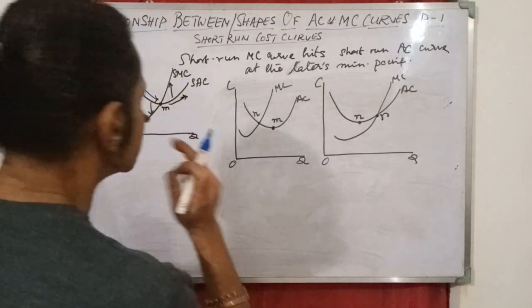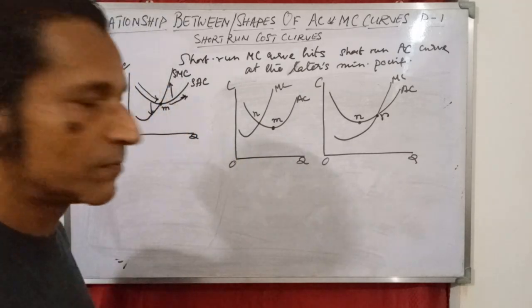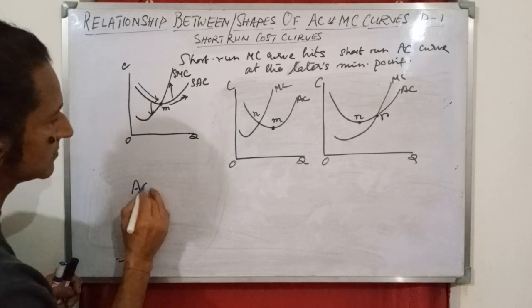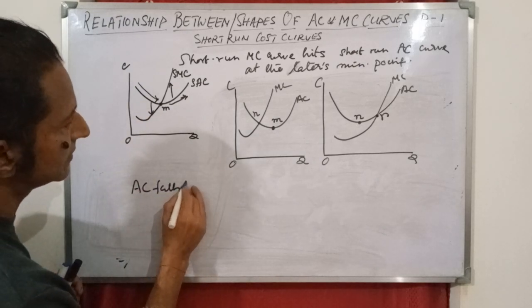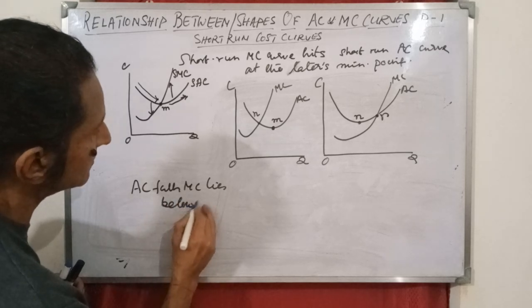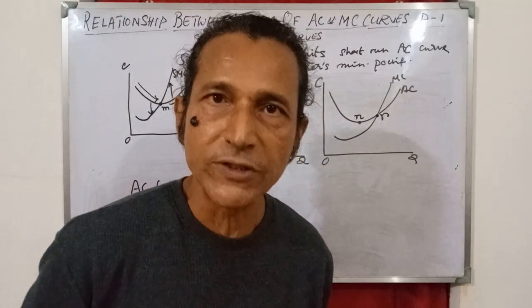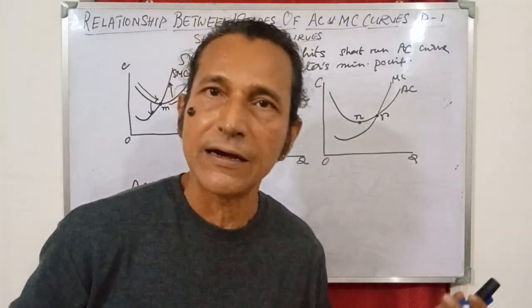Now here you see, when average cost falls, when AC falls, MC lies below AC. We have learnt right now, we have proved with numerical example and through calculus.